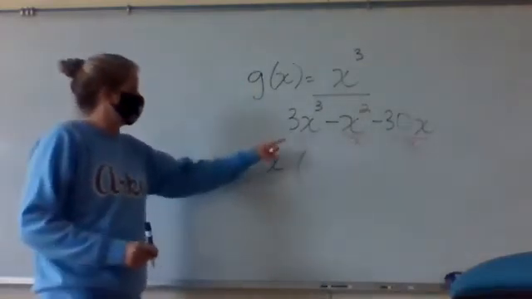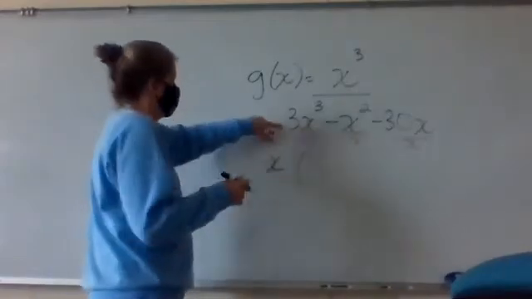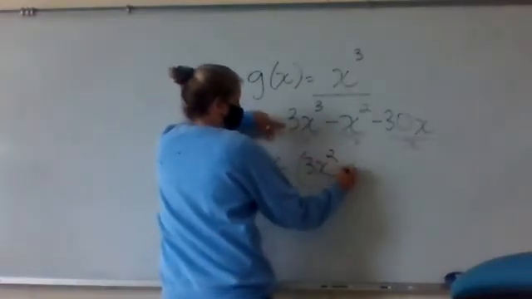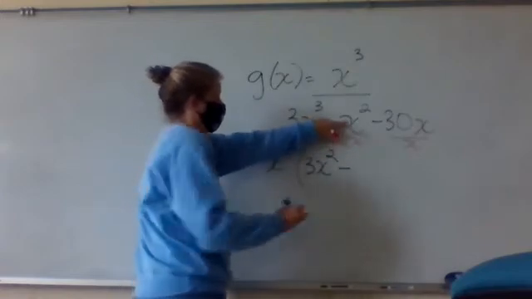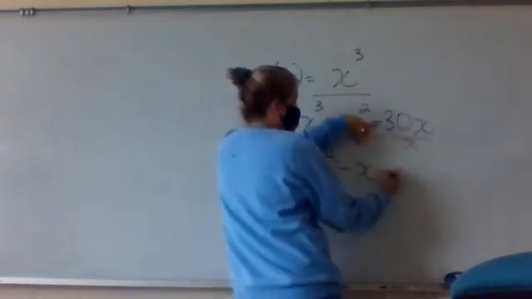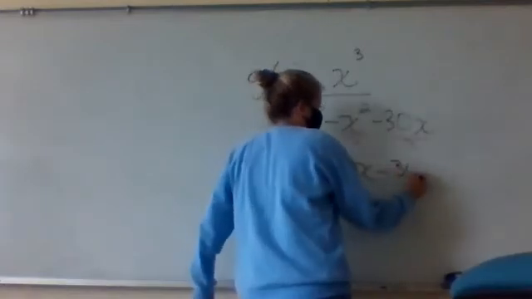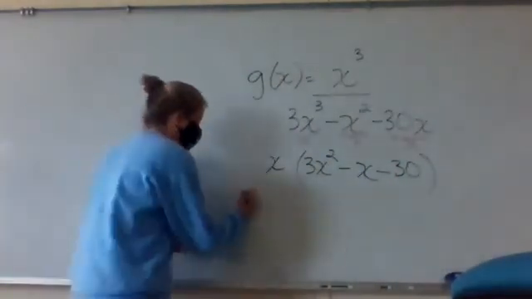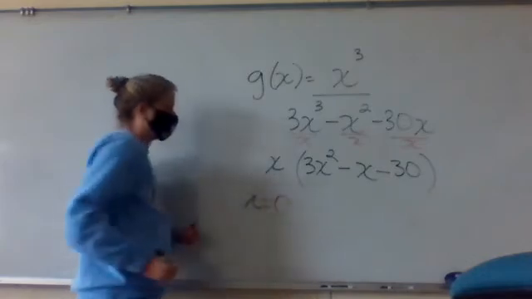So let's see what's left. If all the terms are losing an x, this will be 3x squared minus, if I took an x out of here, I'm just left with x, minus, if I took an x out of here, I'm just left with 30. So this is a factor. This is one of the zeros, that x is.